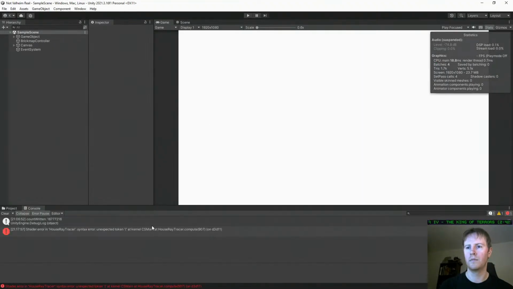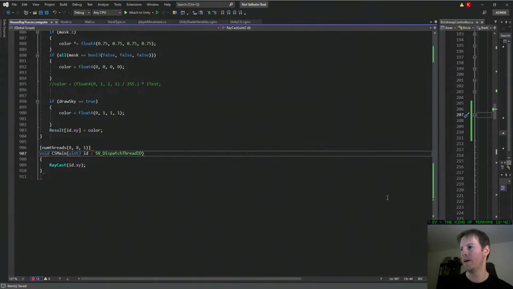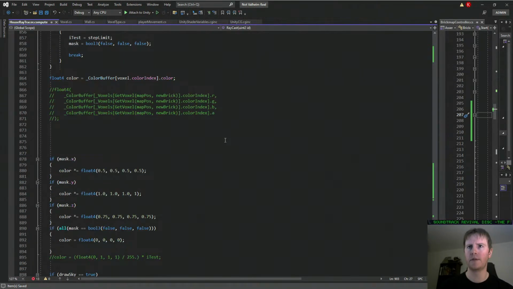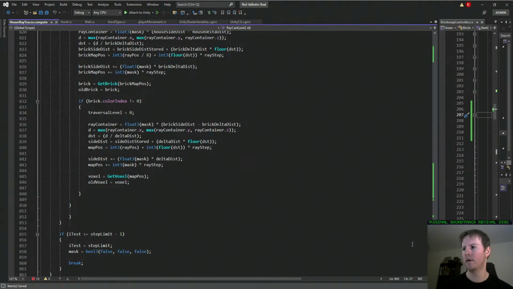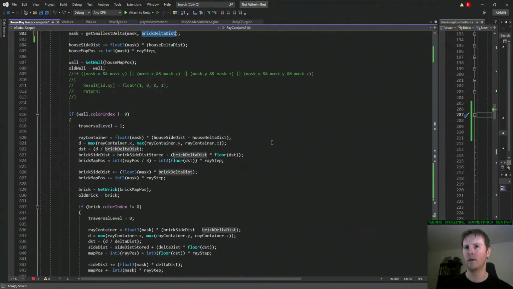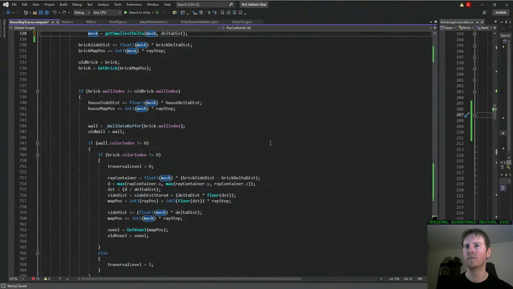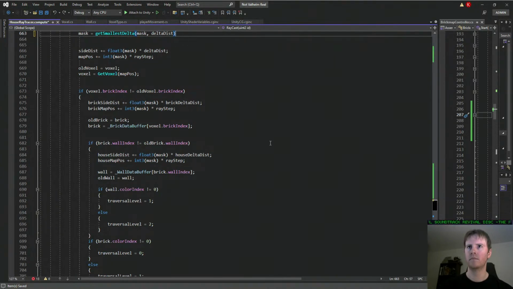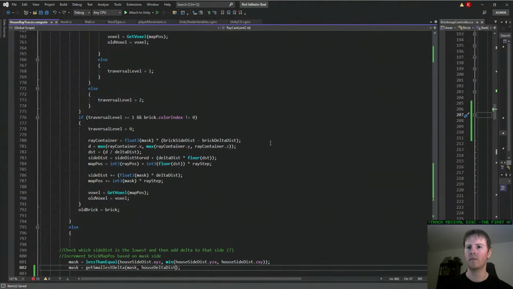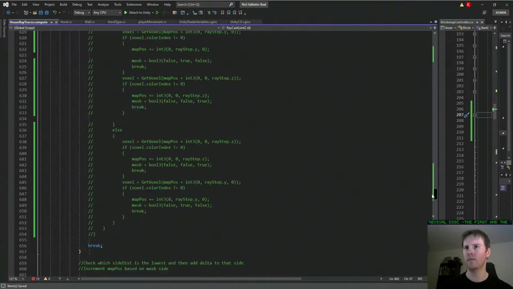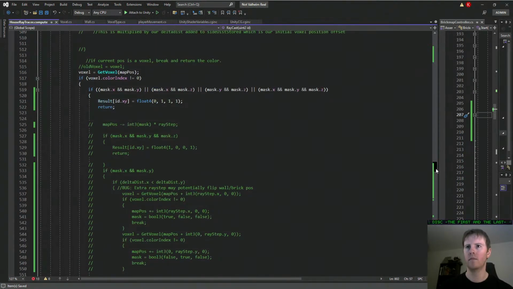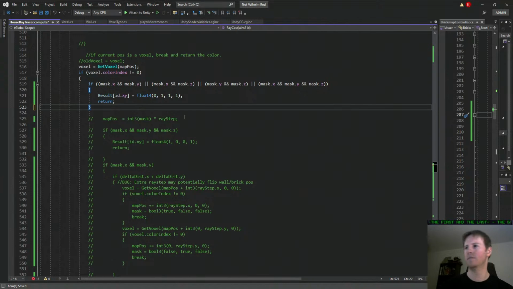So what does this do? Syntax error. Okay, where's my syntax error? There it is.